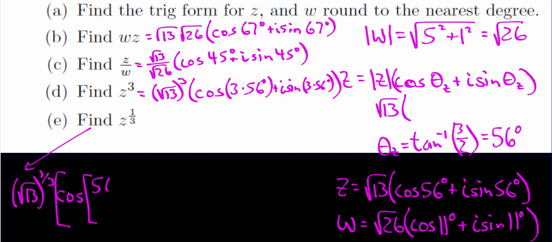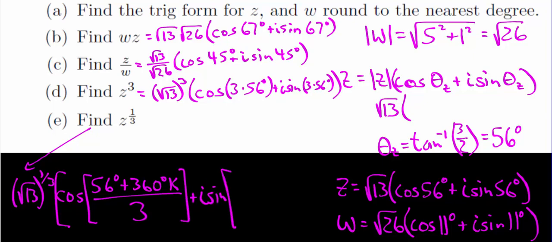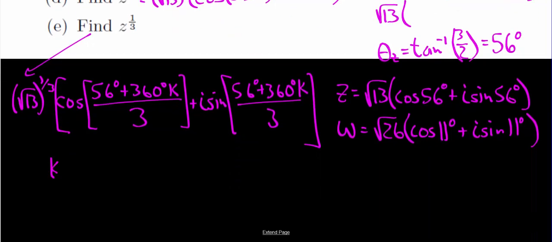Okay, 56 plus 360k over n, which is 3. Plus i sine 56 plus 360k over 3. And k goes from 0, 1, 2.